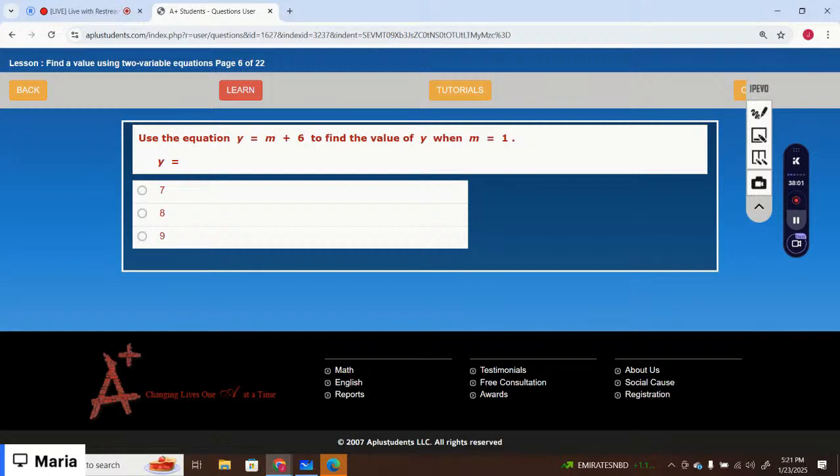Use the equation y equals m plus 6 to find the value of y when m equals 1.